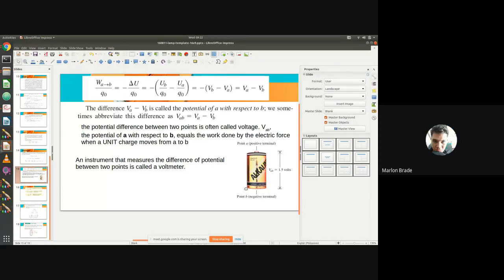The voltage difference is the work done per unit charge to move the unit charge from point A to point B. So if my battery is 1.5 volts, the electric potential at the positive terminal is higher by 1.5 volts with respect to the electric potential at the negative terminal. That is the meaning of voltage difference.